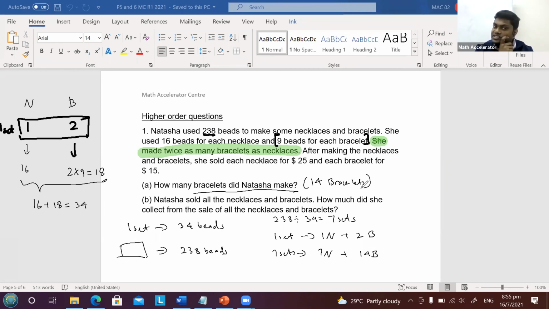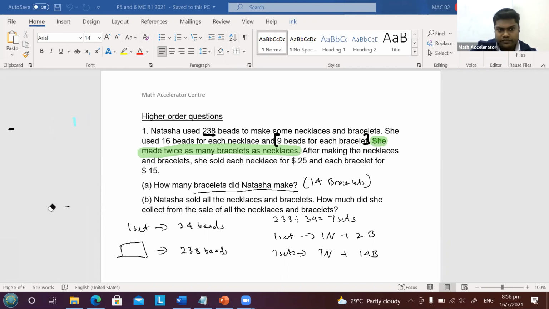Okay, so if this is done, let's look at part B. Natasha sold all the necklaces and bracelets. How much did she collect from the sale of all the necklaces and bracelets? If you look at part B, 7 necklaces, 14 bracelets. Each necklace was sold at $25, right?